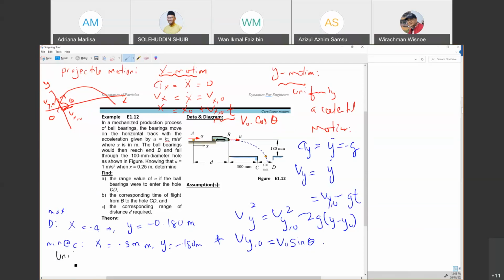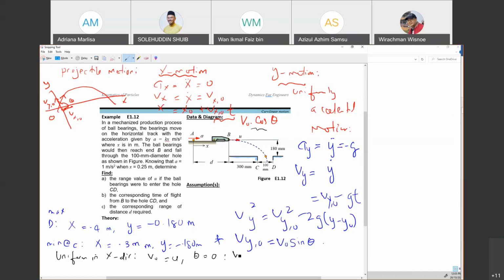In this case V0 equal to u, and theta equal to 0, right? Theta 0 kan, mana ada sudut apa kan, sebab dia terus jatuh lah. Kalau yang macam tadi ni we have theta kan, so this time theta 0. So you use this equation lah, this one.